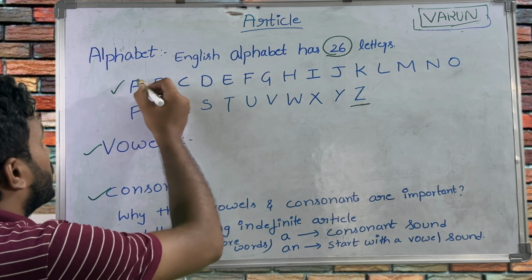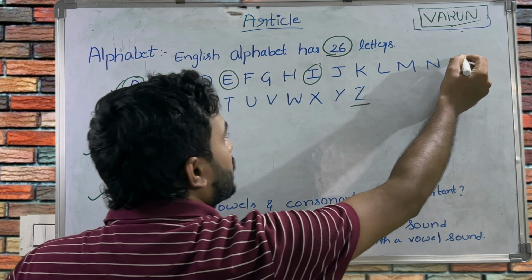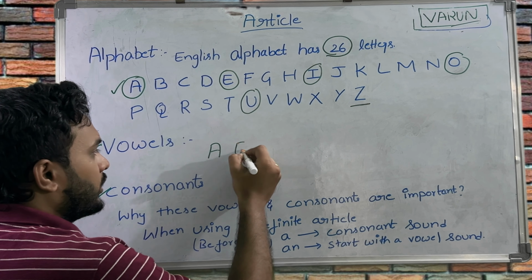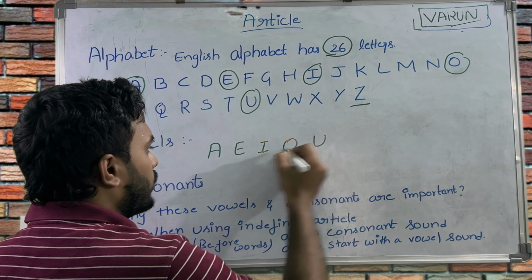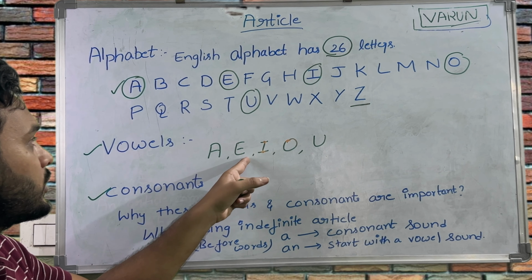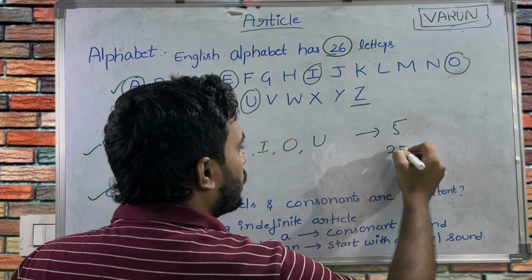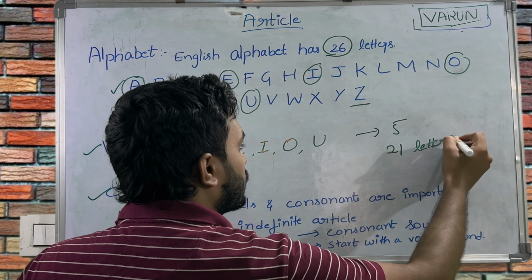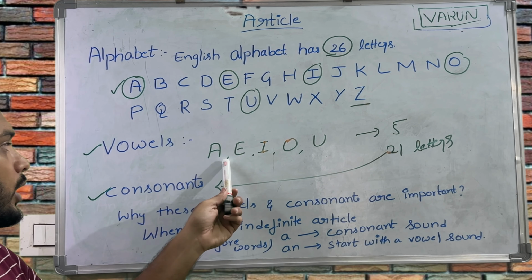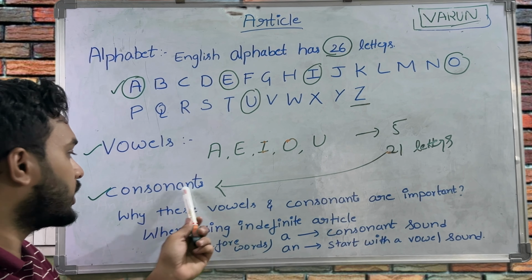A, E, I, O, U are the vowels. Other than these 5 vowels, we have 21 letters. These 21 letters are called consonants.